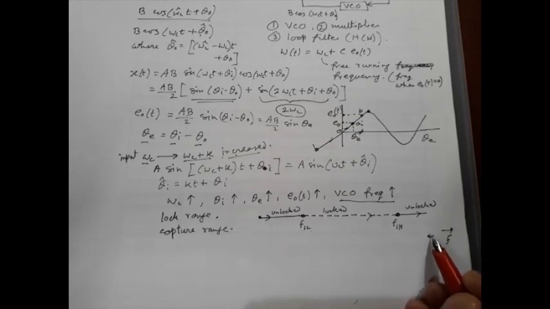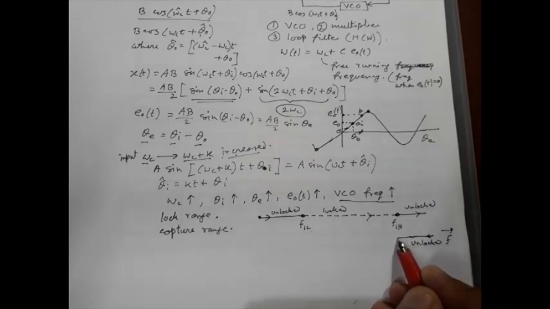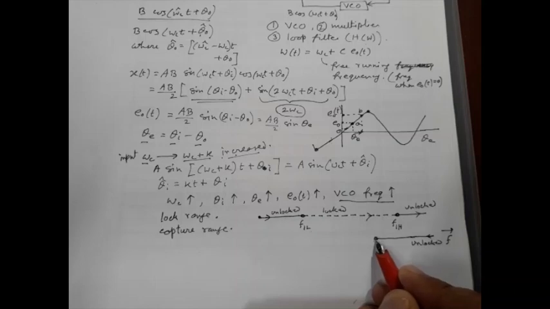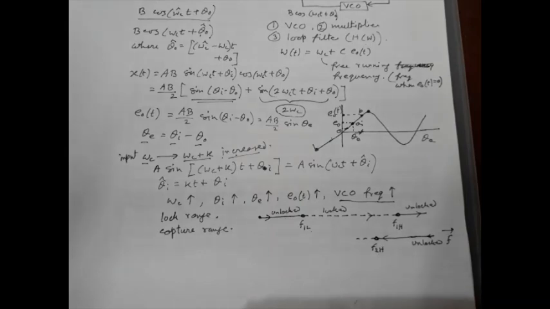Now let us see what happens when we decrease the incoming frequency. Starting from the high frequency range, it will be unlocked. We decrease the frequency, and at a certain frequency suddenly it gets locked, at frequency f2H.